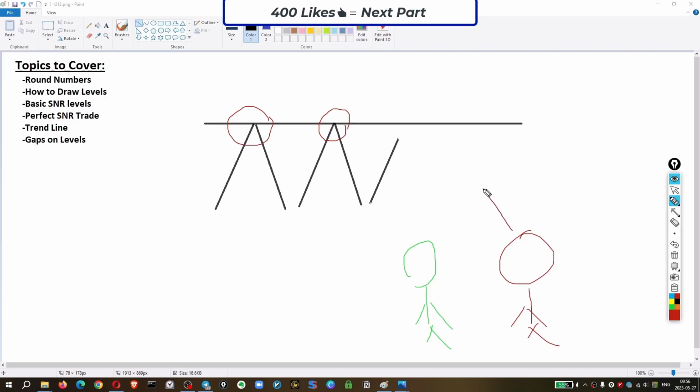They both come here, and at this point sellers are more than buyers, because we see that the 2 times sellers have entered, and at this point they are like, okay, we will enter one more time.